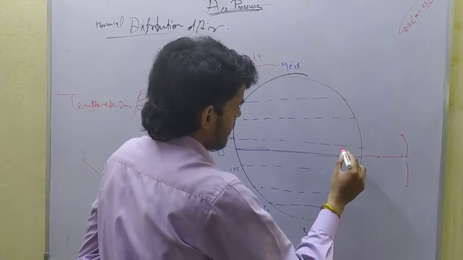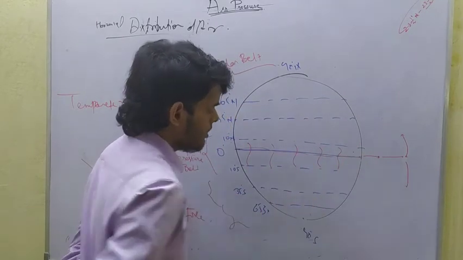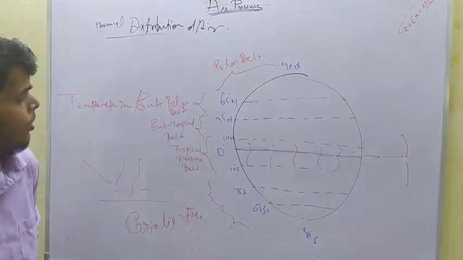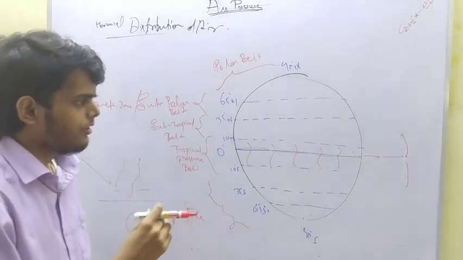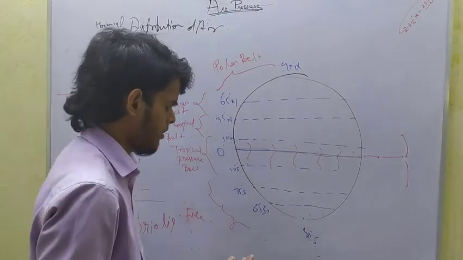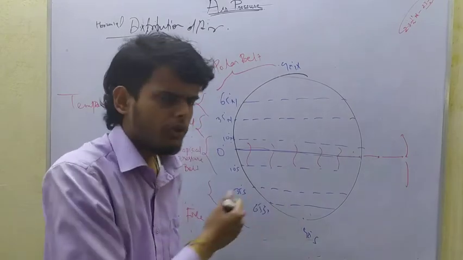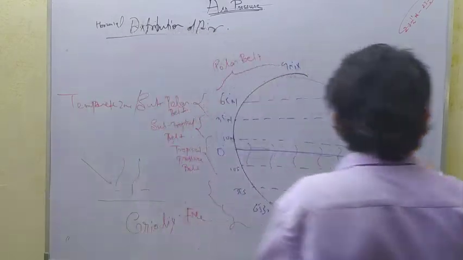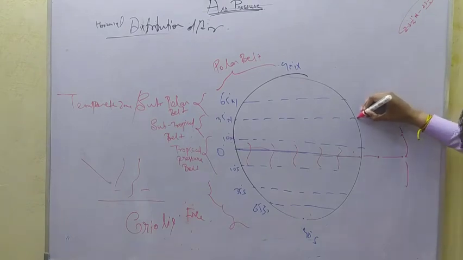This creates a very low pressure zone in this region, called the tropical pressure belt. This region receives a very large amount of rainfall throughout the year. Daily afternoon rainfall occurs here. After that, the wind falls down at 35 degrees north.